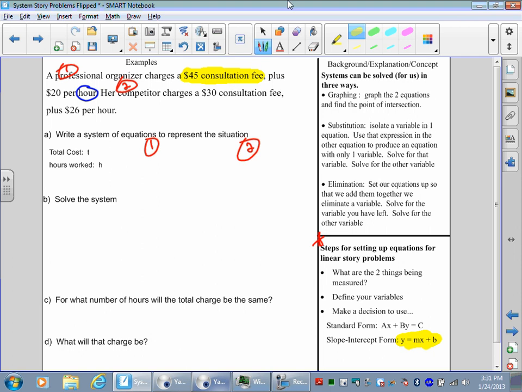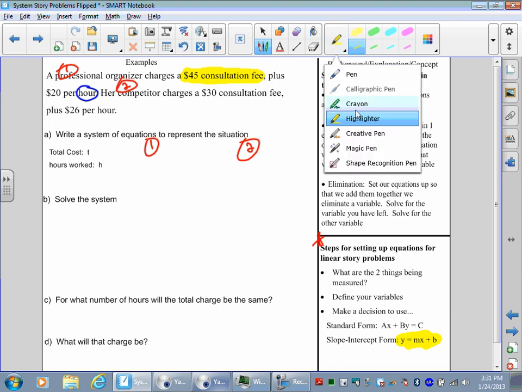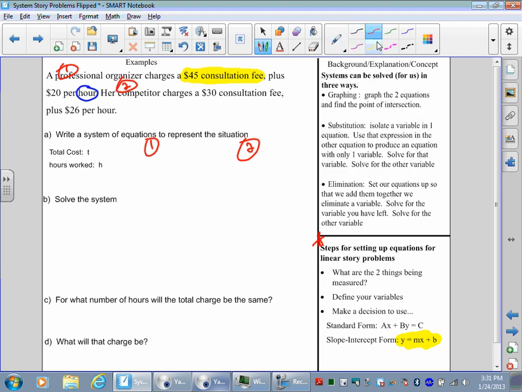Now, if we pull out that information, what I see is that I'm going to write one equation like this. Total cost, T, is going to equal some amount per hour plus some amount. Now, the consultation fee is the y-intercept, and the amount she charges per hour is really the slope.